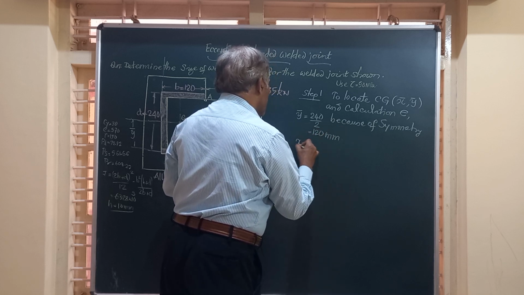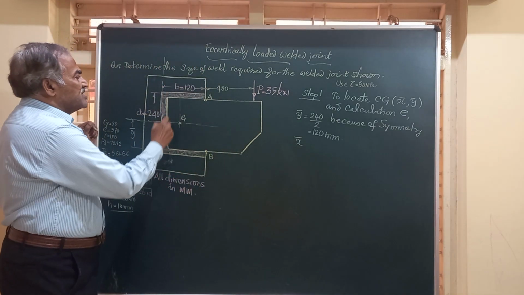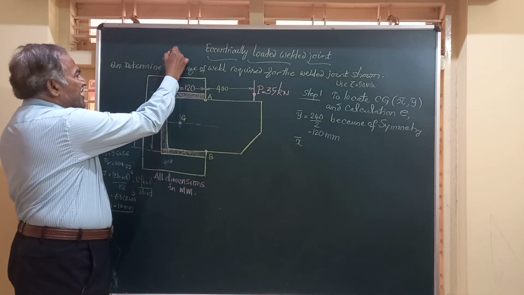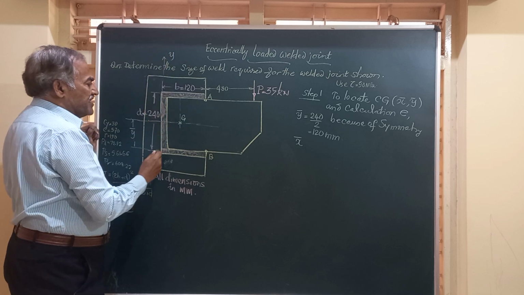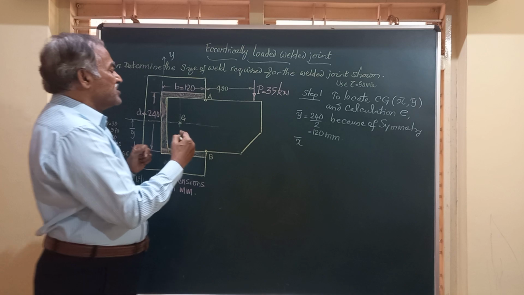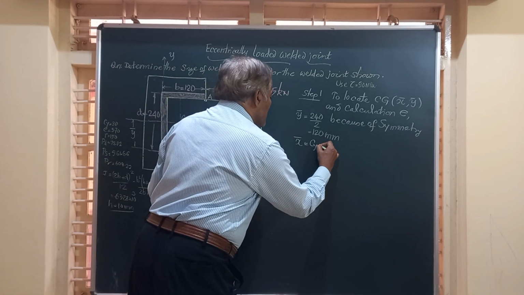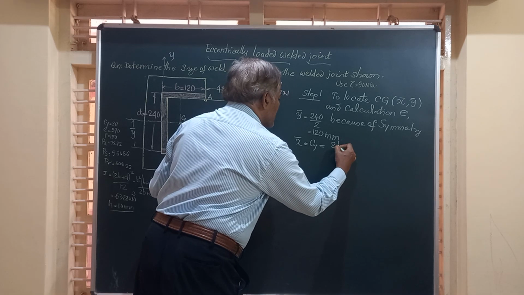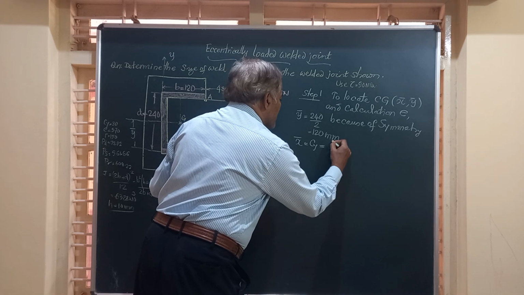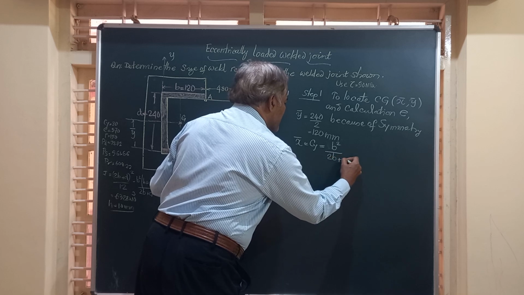Friend, on the same lines, what is x bar? Friends, x bar is the distance measured from this y-axis, the left end, to the CG. Friends, here in the books, they have called this distance as Cy. That is given by b square divided by 2b plus d.